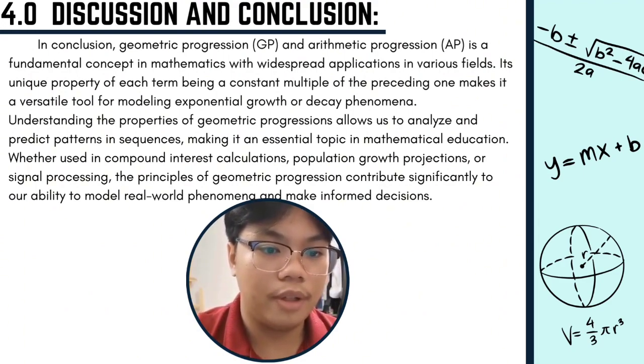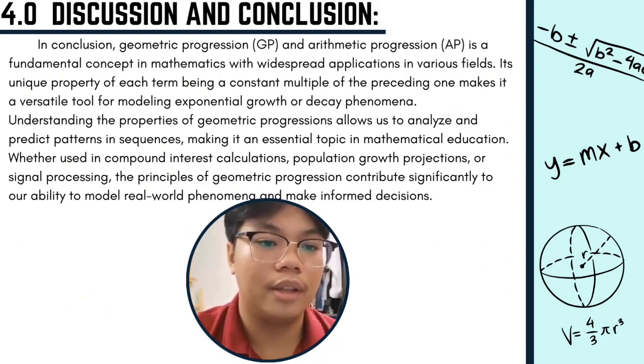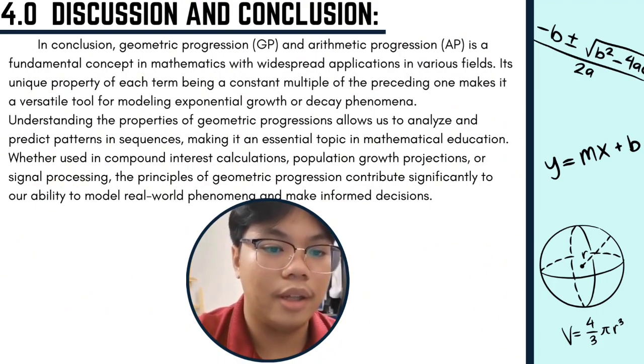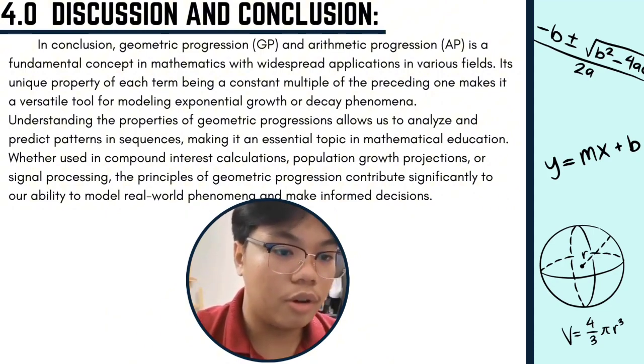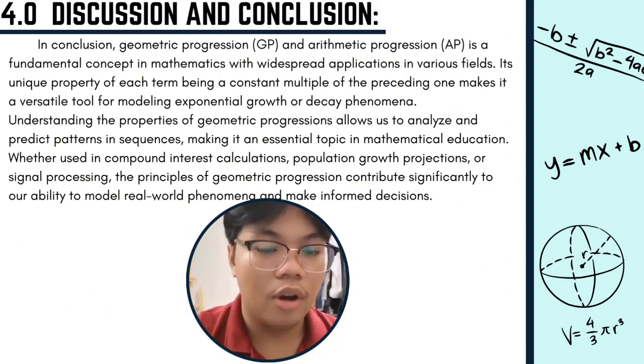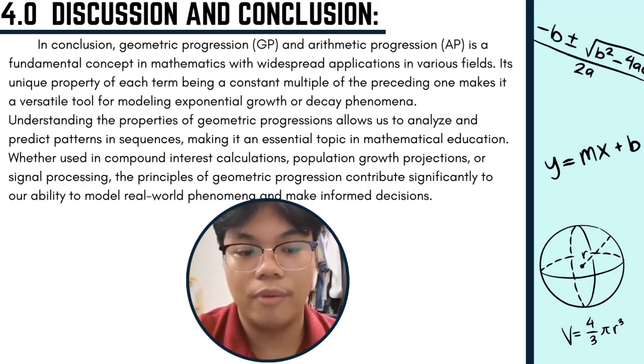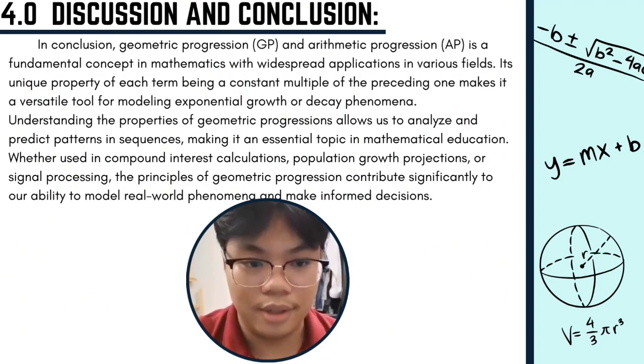Understanding the properties of geometric progression allows us to analyze and predict patterns in sequences, making it an essential topic in mathematical education. Whether used in compound interest calculation, population growth projection, or signal processing, the principles of geometric progression contribute significantly to our ability to model real-world phenomena and make informed decisions.